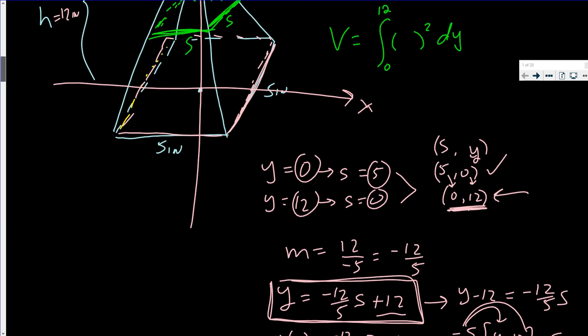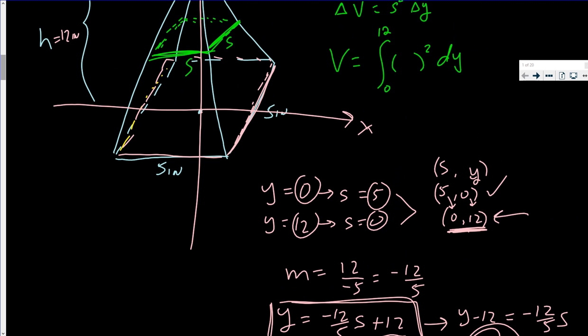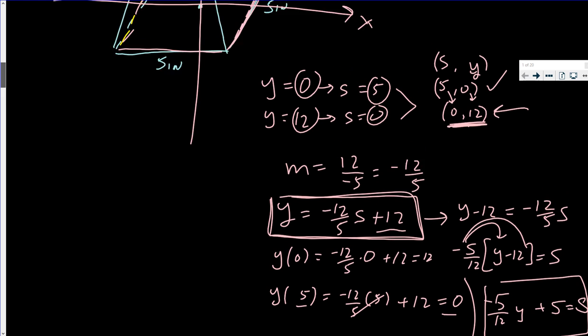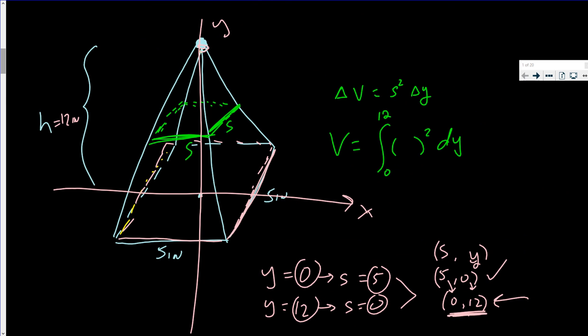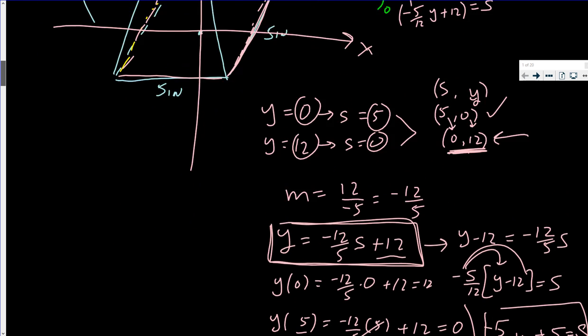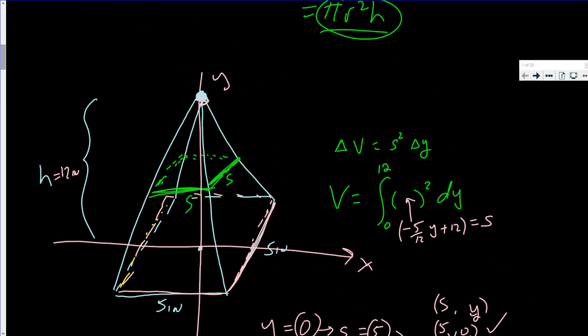Well, what we want to do is square the s. Well, we know what s is. It is negative 5/12 y plus 5, excuse me.